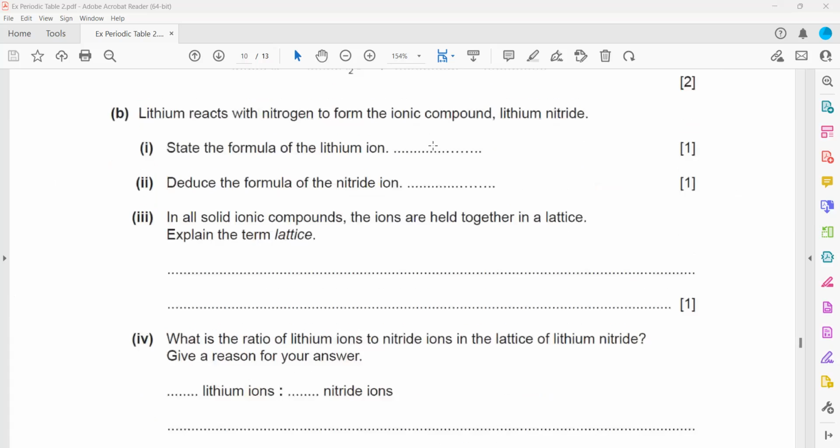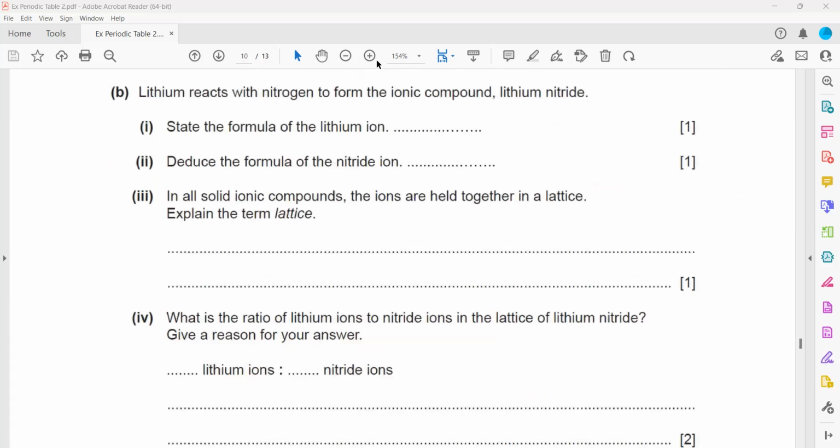Then lithium reacts with nitrogen to form an ionic compound. State the formula of lithium ion. Lithium is in group 1, so it should be +1. Because these are metals, metals tend to lose electrons, so it will be +1.